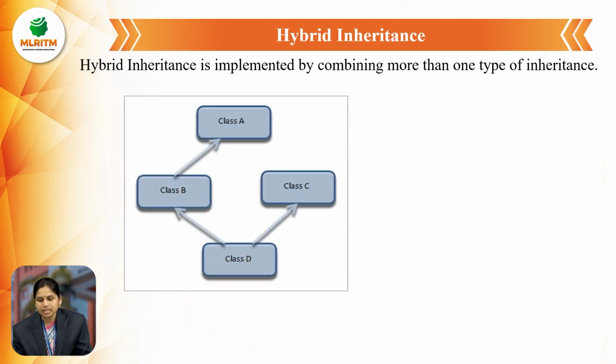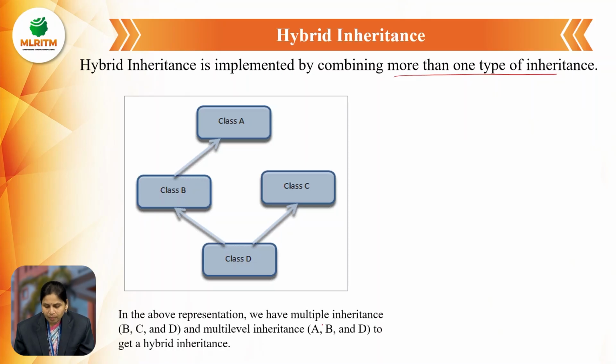Hybrid inheritance is implemented by combining more than one type of inheritance. When we combine 2 or 3 types of inheritance, then we get hybrid inheritance. For example, when we consider this, there are 2 types of inheritance combined here.